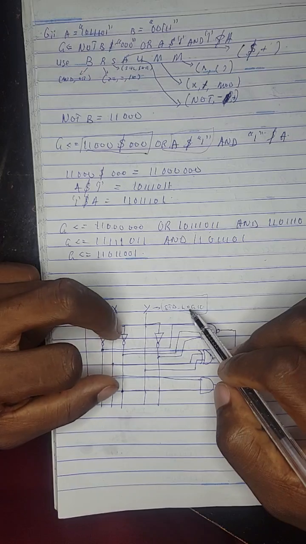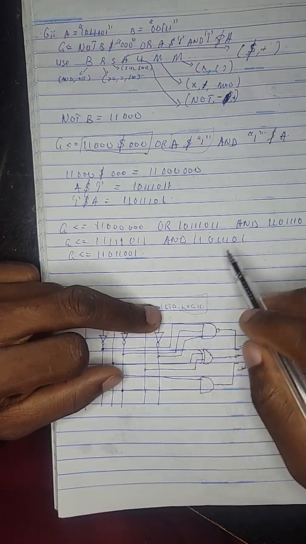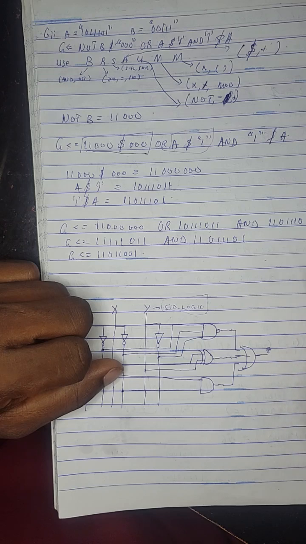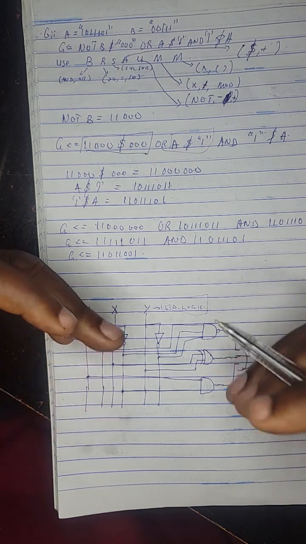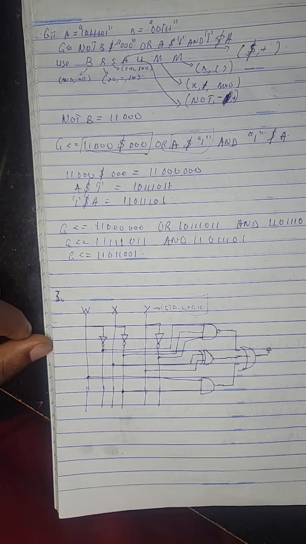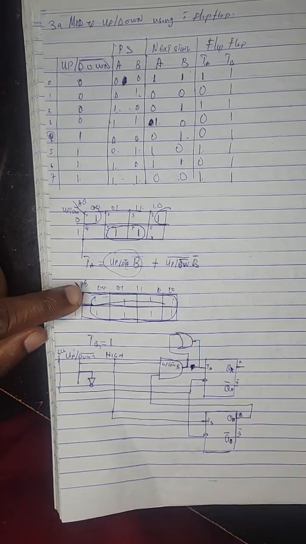Now this std_logic has to be imported from the IEEE std package. That is, the std package is in the IEEE library, so we have to import both the library and the package first. So let's see.